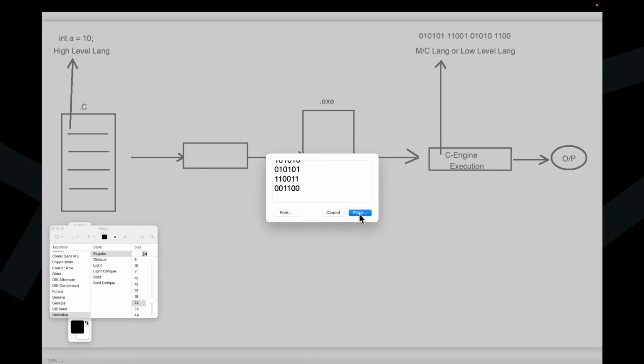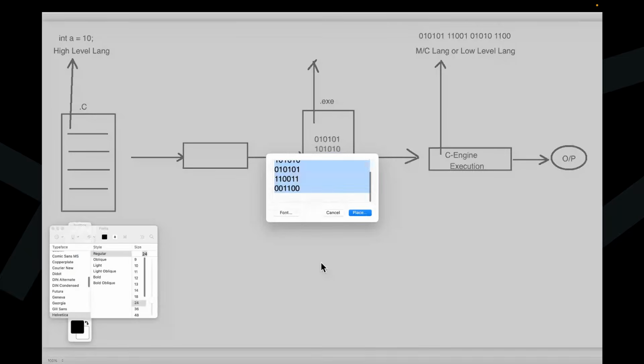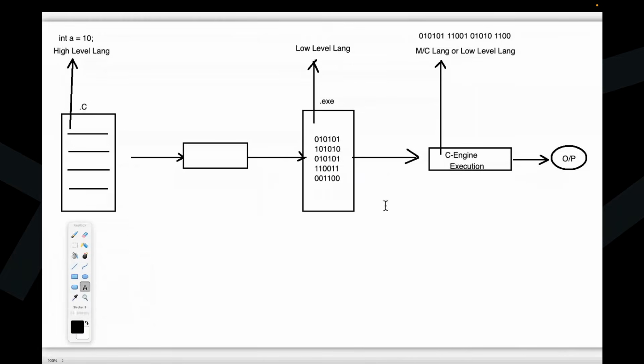This is the conversion process we have done from high level language to low level language. This .exe file contains the low level representation, low level language code only. If we give this low level code to the C engine, it can execute it and provide some output.